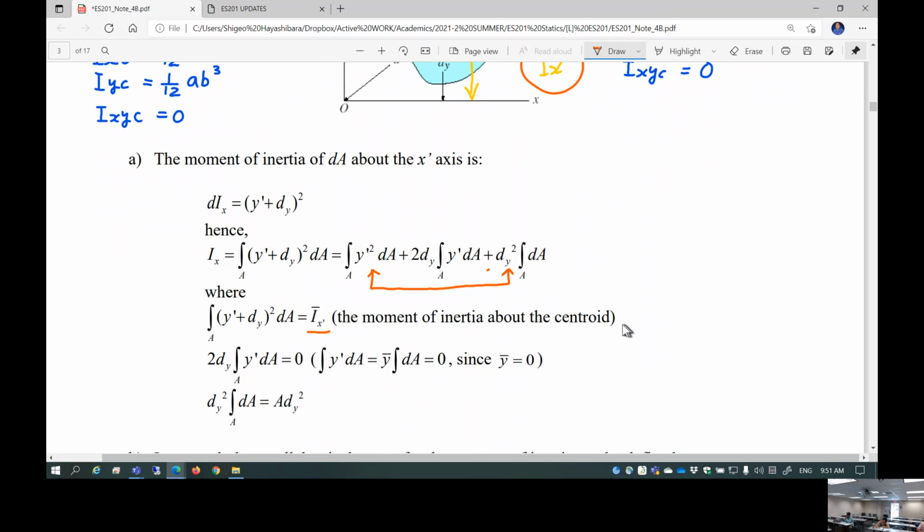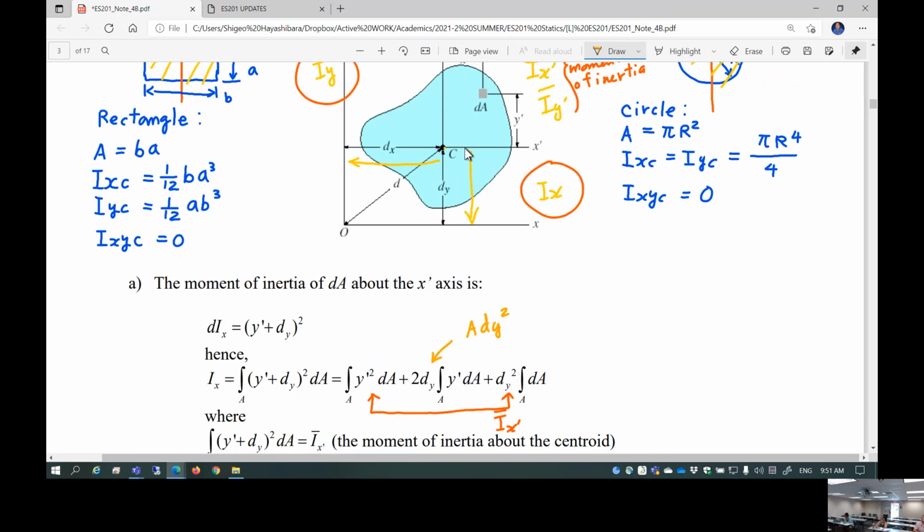So this is the moment of inertia about the centroid. Those two are Ix prime over bar. And this, A times dy squared. dy is the distance measured from the x-axis to the local centroidal axis x prime.